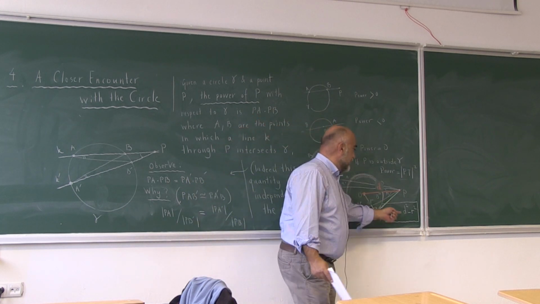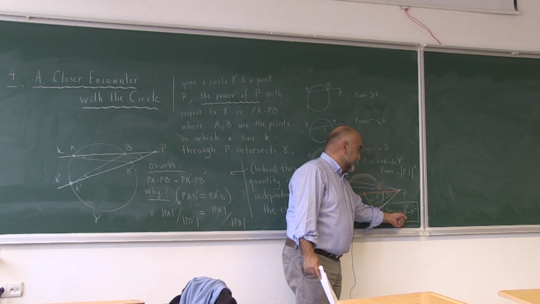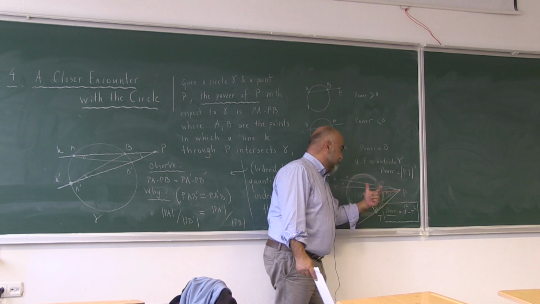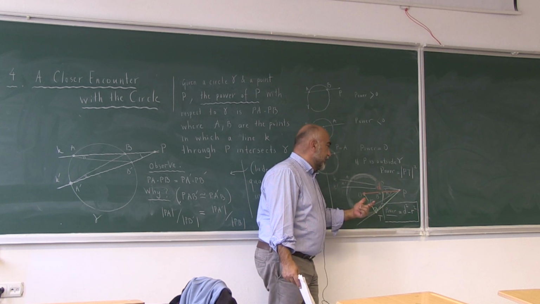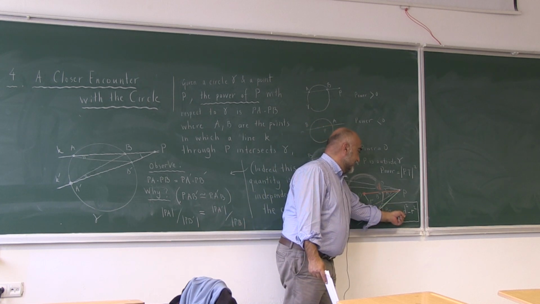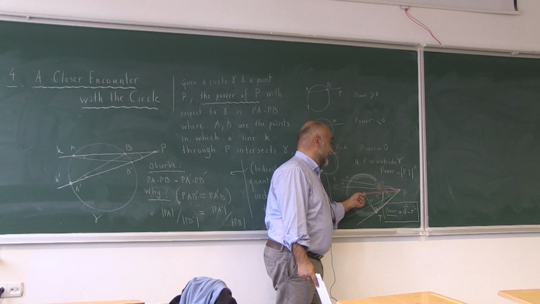Now, this formula is, I think, rather descriptive. This formula reveals the power as well. In a sense, it is the distance of the point P from the center of the circle.